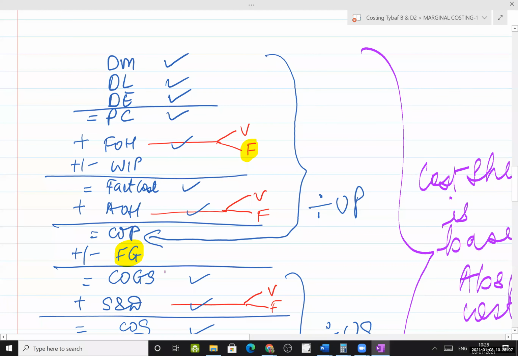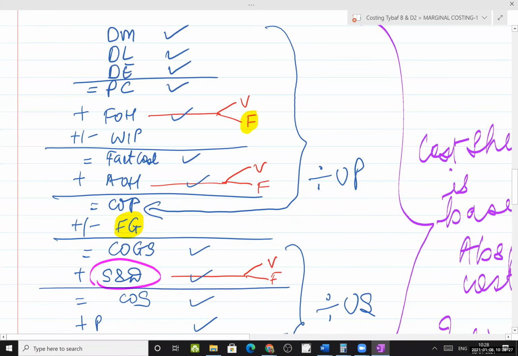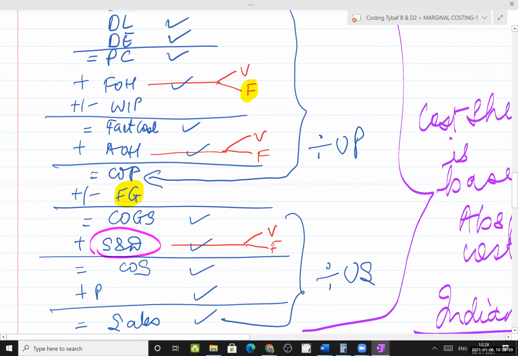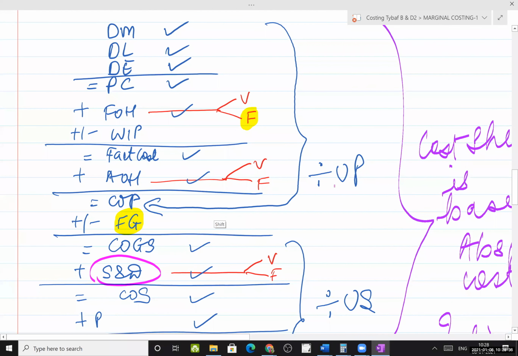Then we add less finished goods and we get cost of goods sold. Then we add selling and distribution, same variable and fixed. We get cost of sales. We add profit to this, we get sales. Okay. So till cost of production, what is our basis of calculation?